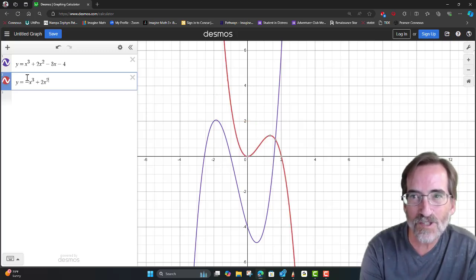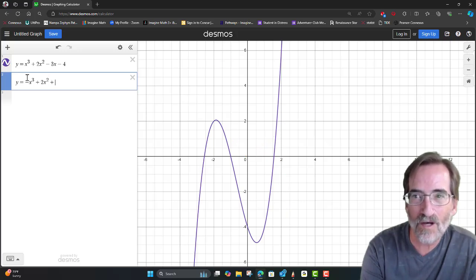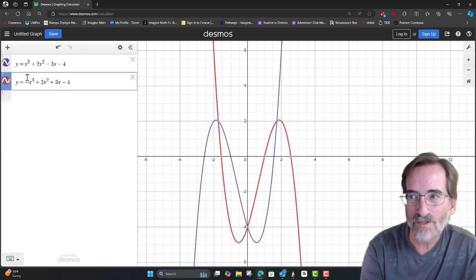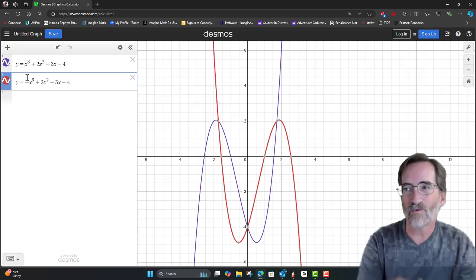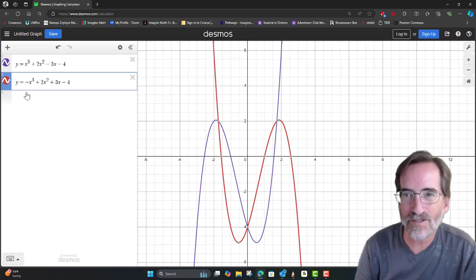So notice the sign changed on the cube because it's an odd power. Didn't change on the 2 because it's an even power. And if I replace x with negative x times negative 3 is plus 3x, odd power. And then minus 4 doesn't change. And you can see these are flipped horizontally right across the y-axis.